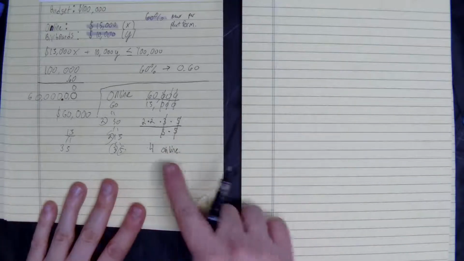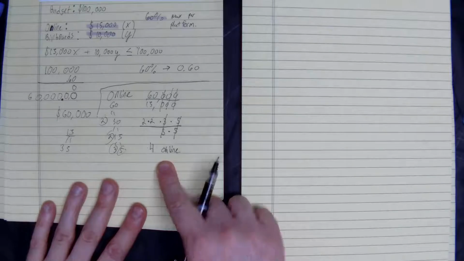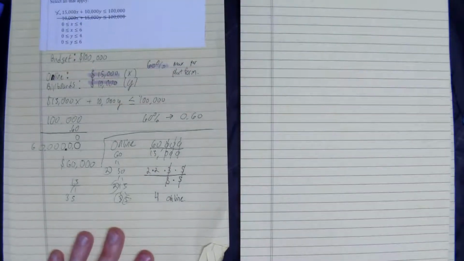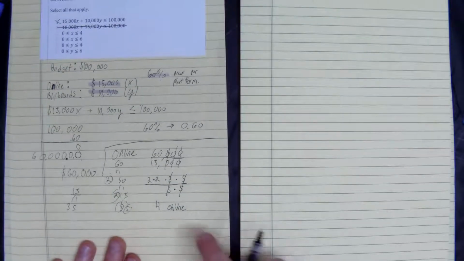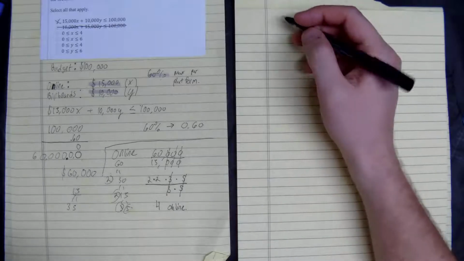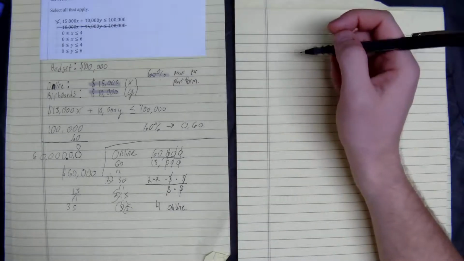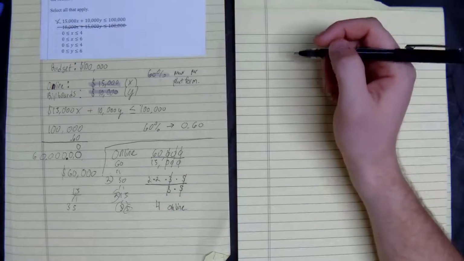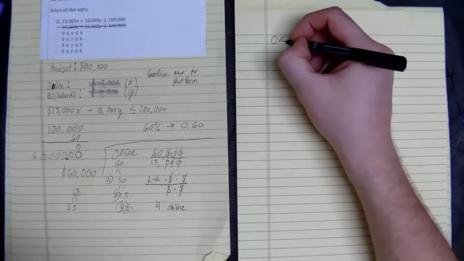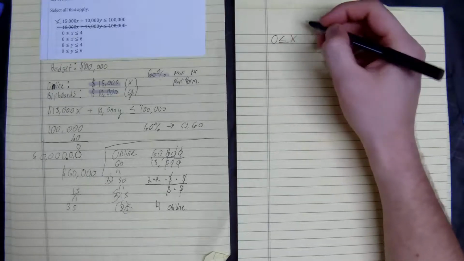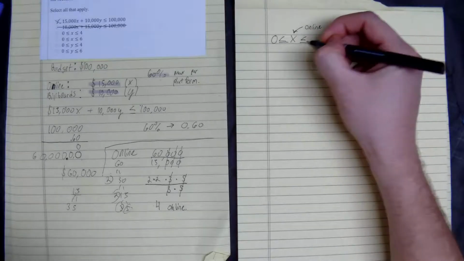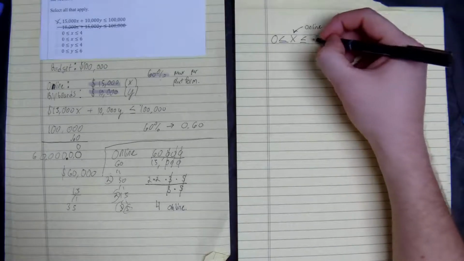Let's move it back up. So the max we can buy is 4 online. What does this answer actually mean? If we were to do a compound inequality, the least amount we could buy is 0, which is less than or equal to x, our online, which is less than or equal to 4 ads.